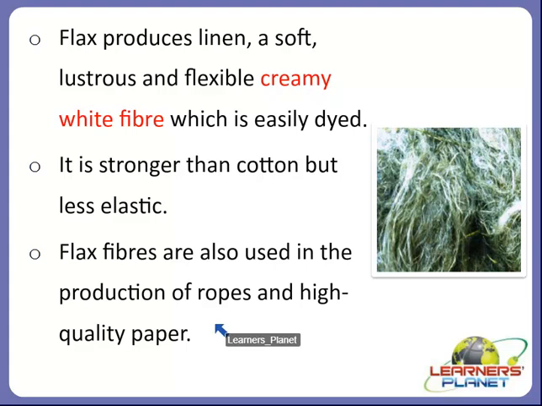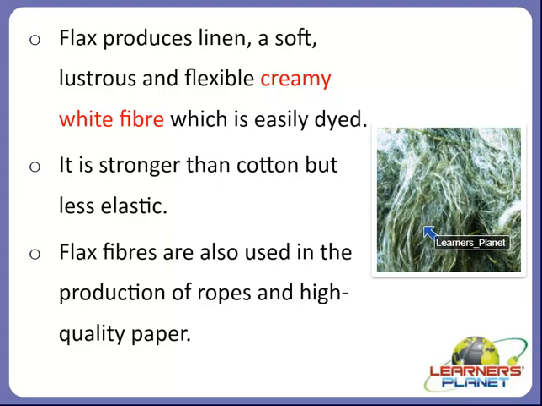So what can we say about flax? It has been grown in a variety of climates and soil conditions since ancient times, and flax plants yield linen fiber. This is a linen fiber which is obtained from the flax plant.